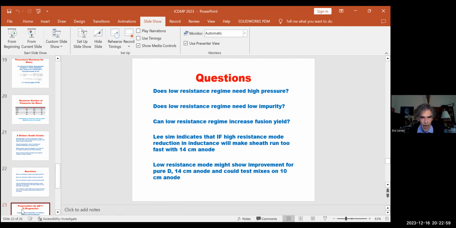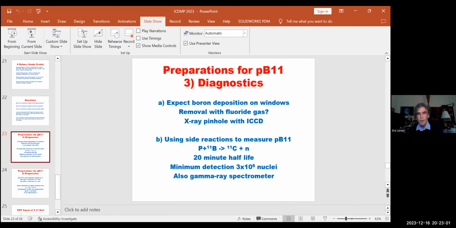Finally, I want to say that we're also preparing for the PB11 diagnostics. Now, PB11 is going to create a problem for us because we expect pretty heavy deposition of boron on the windows. After the pinch happens during the shot, we expect the decaborane to disassociate into hydrogen, lighter decaboranes, and boron.